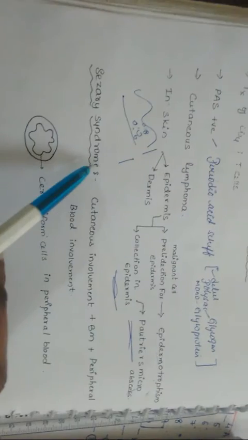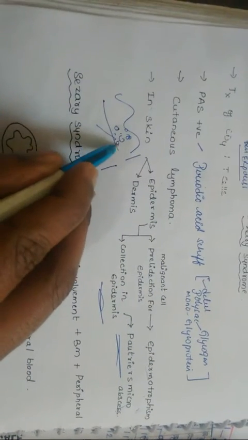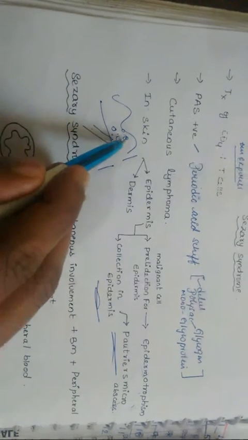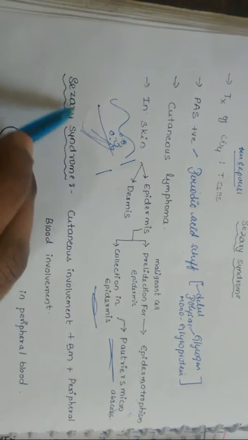Now let's see what Sézary syndrome is. It is a complication or the late stage of mycosis fungoides. Now we have tumor cells in the epidermis, and below you have blood vessels. Through the blood vessels these tumor cells enter the blood and they spread.